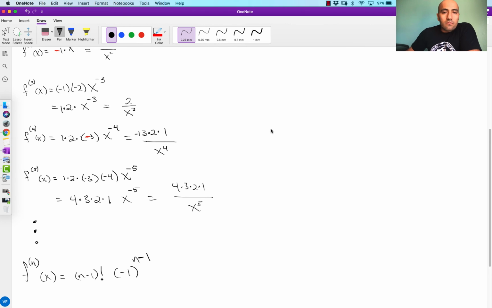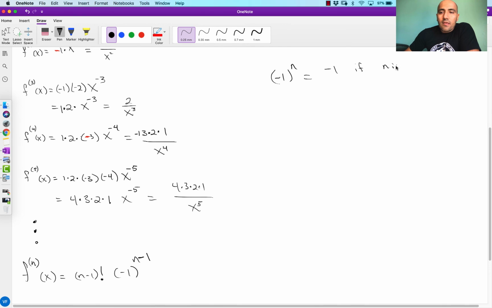Okay, so in other words, negative 1 to the power of n is always going to give me negative 1 if n is odd, and positive 1 if n is even. But in this scenario, I wanted the opposite. I wanted the odd ones to be the positive ones and the even ones to be the negative ones.